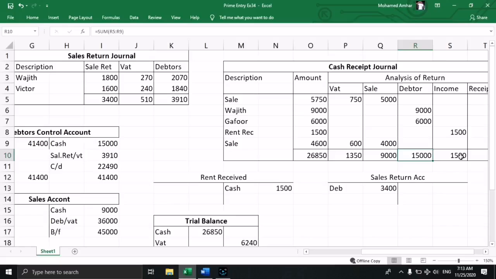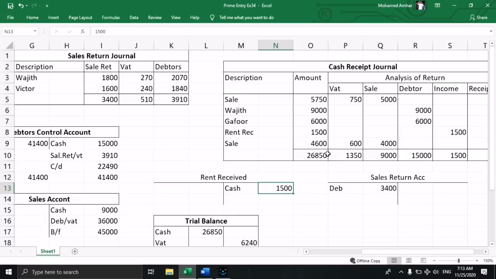And under the income column 1,500 is there. This is rent received, no? So credit to rent received account. Here 1,500 rent received account.